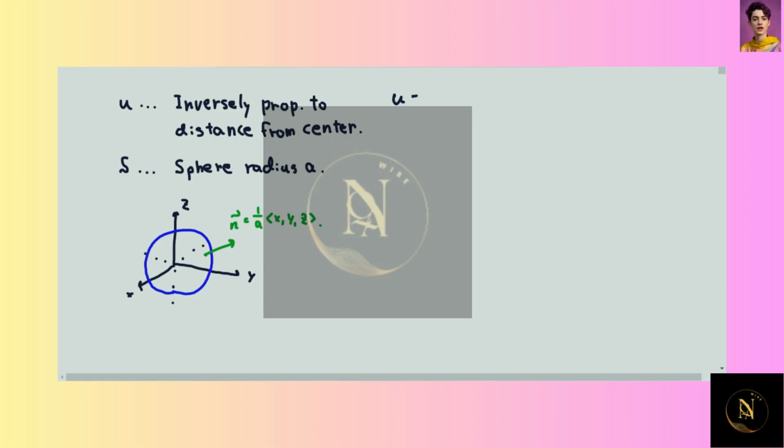It is going to be inversely proportional, so it is going to be a constant divided by the square root of x squared plus y squared plus z squared.